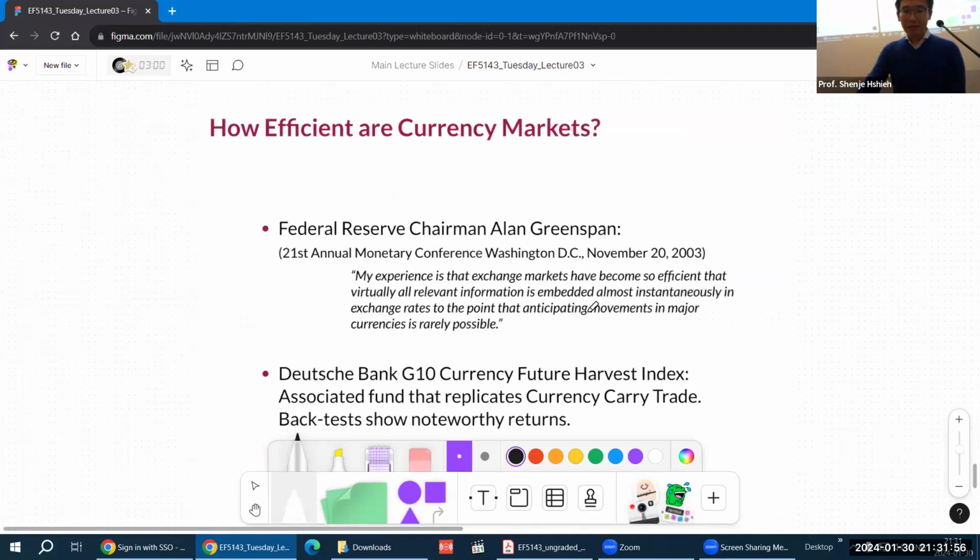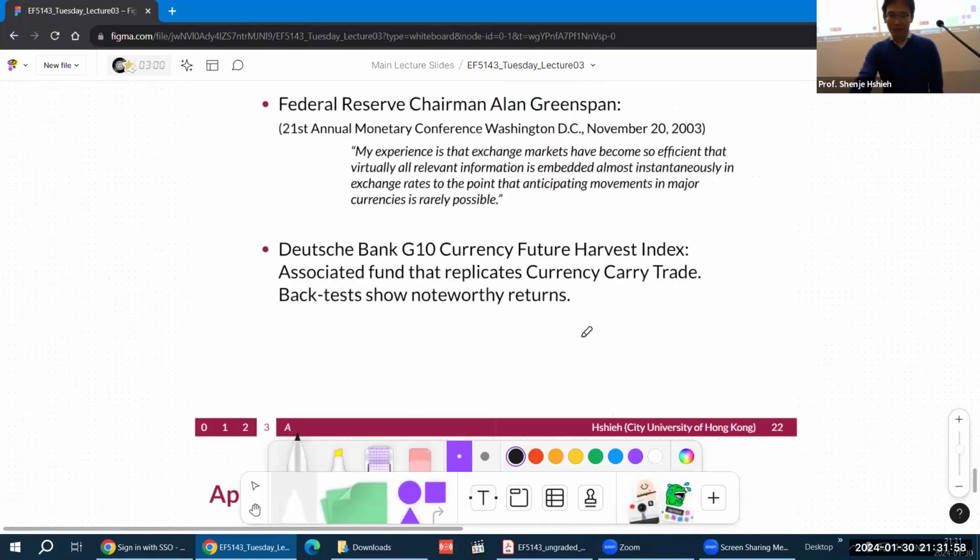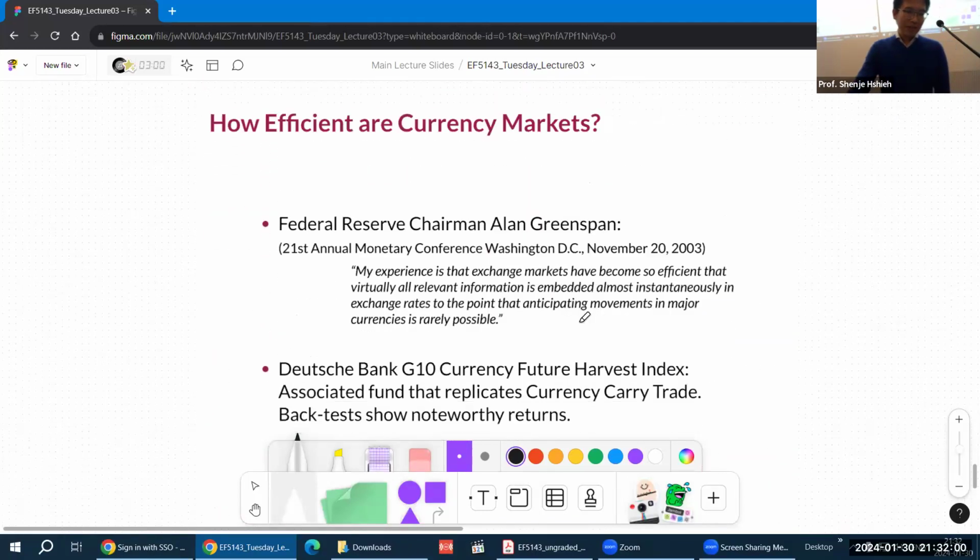All right, so my final comment before I review: how efficient are currency markets? There seem to be different opinions about international exchange rates. Alan Greenspan was the Fed chairman for a long time, and he's the one who's responsible for the 1990s economic boom of the US.